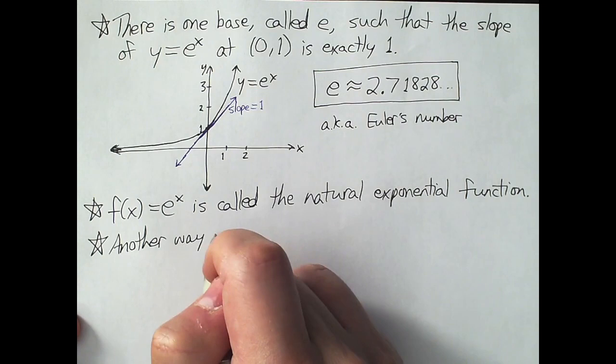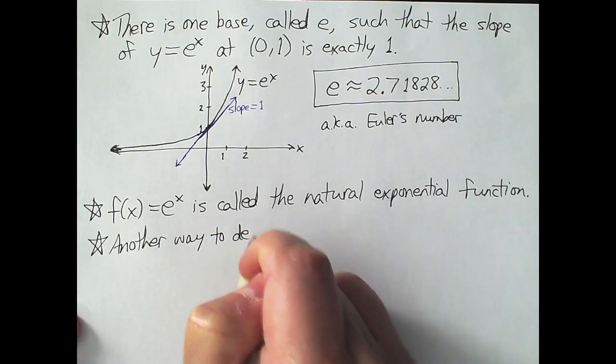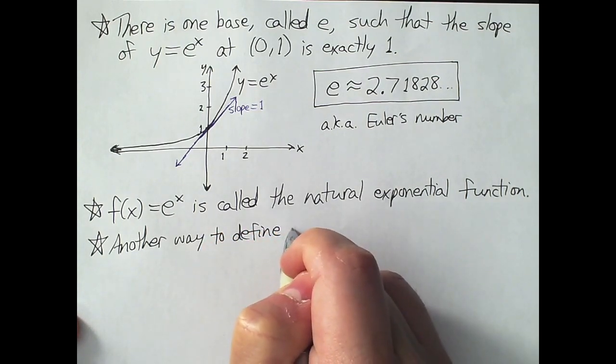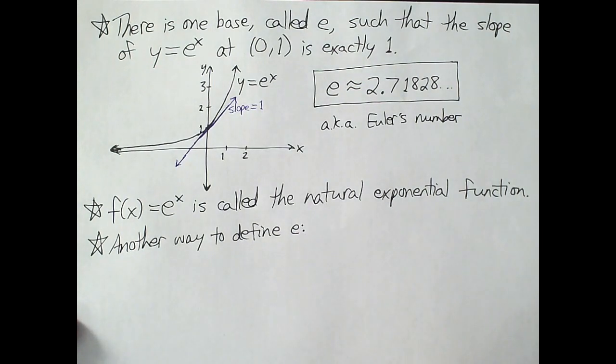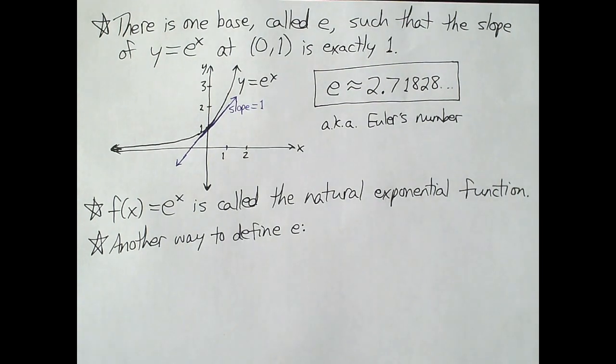Anyway, another way to define e. Oh, I guess that kind of raises an interesting question. We're talking about two different ways to define the special number e. How would you define the number pi?